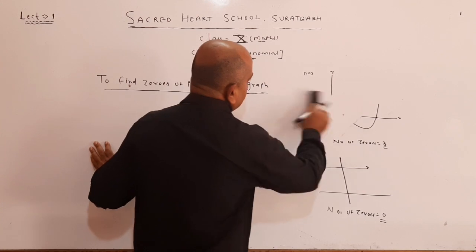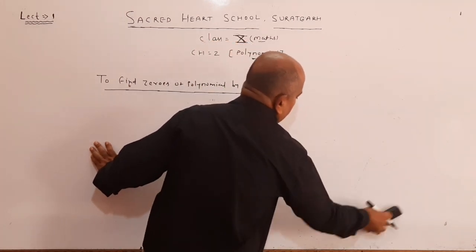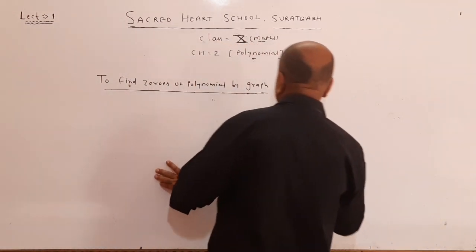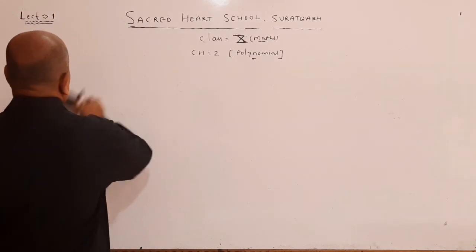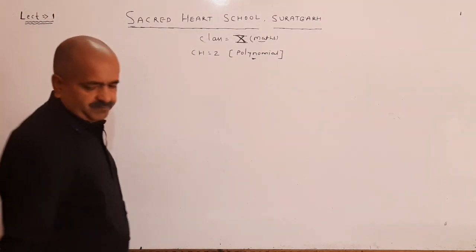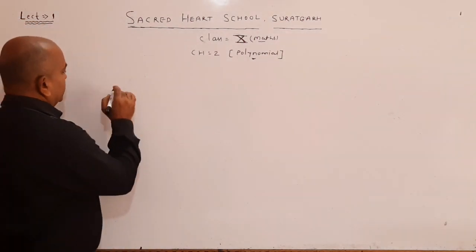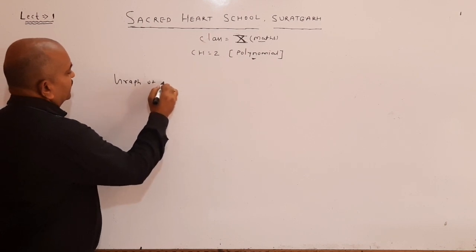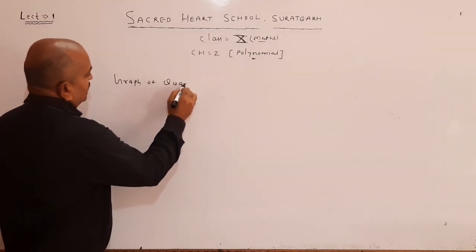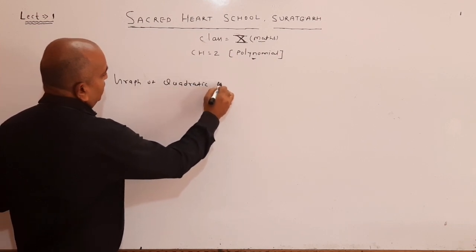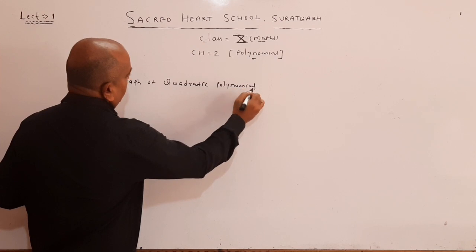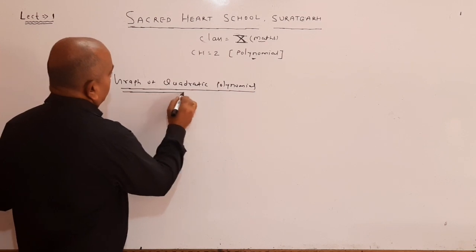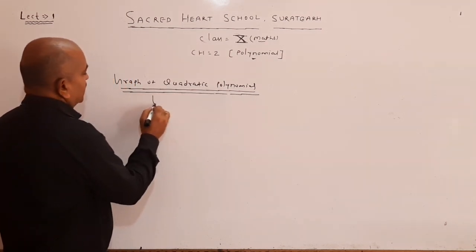After that, students, now we discuss the graph of a quadratic polynomial. What is the meaning of the graph of a quadratic polynomial?